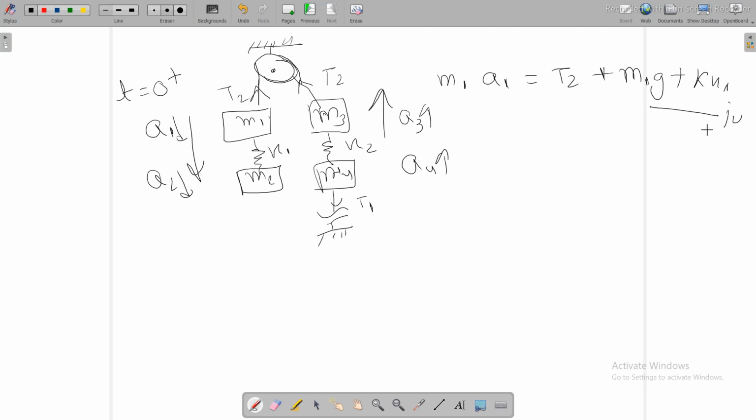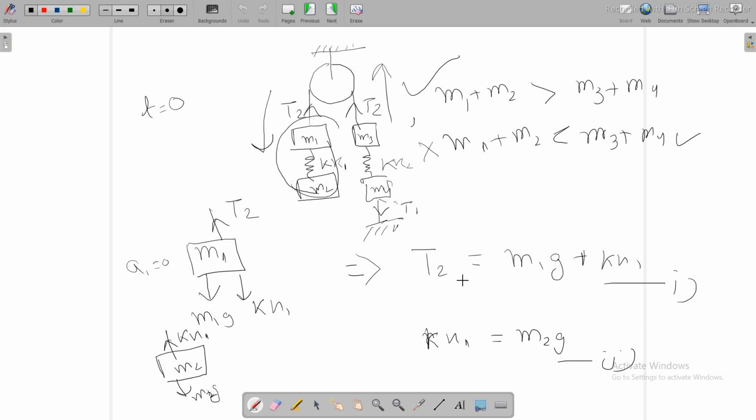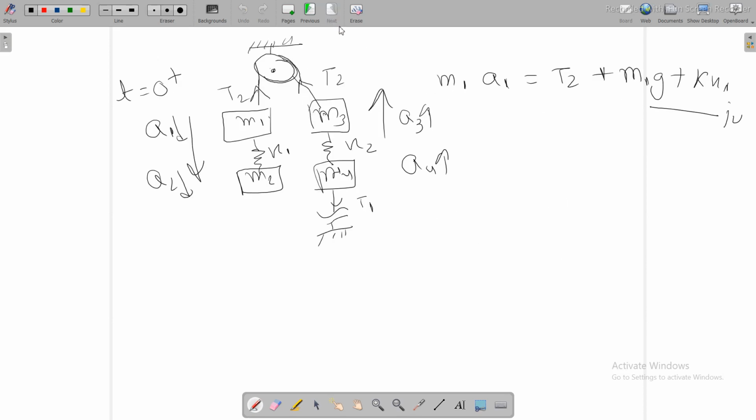Now we know that there is no sudden change at an instant, just at t equal to 0 plus. Therefore, if we go by the previous condition, t2 is equal to m1g plus kx1. Okay, I have committed a mistake.